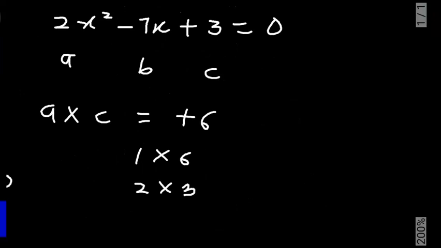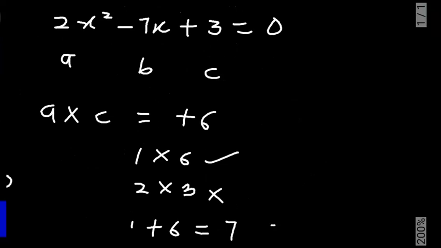Okay, so which of these is likely going to give us minus 7? 2 and 3 is out, so 1 and 6 is likely going to give us 7. So how does 1 and 6 become 7? 1 plus 6 is 7, but the coefficient of x is minus 7.